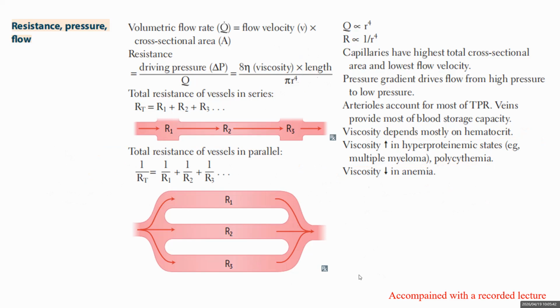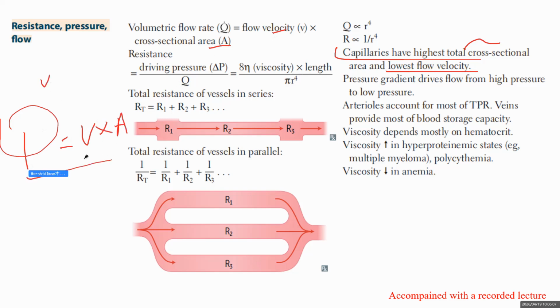And so the next one that you can remember is why we consider that capillaries have the highest total cross-sectional area and the lowest flow velocity. I have already told you this concept previously, but I wanted to highlight that Q is equal to velocity times the cross-sectional area, where Q is the flow, right?